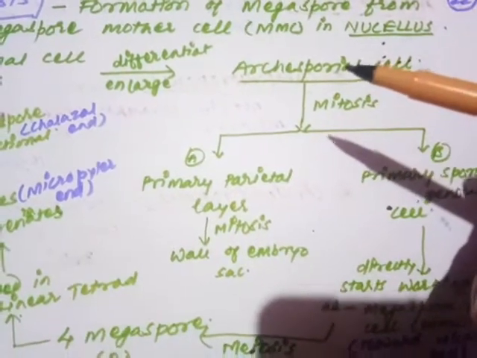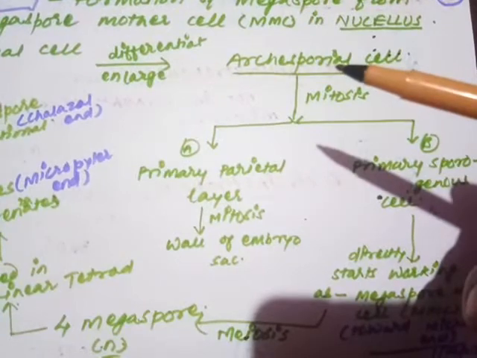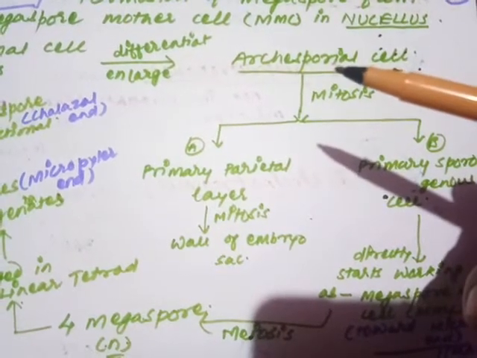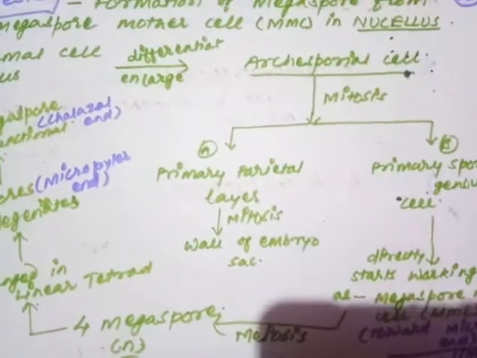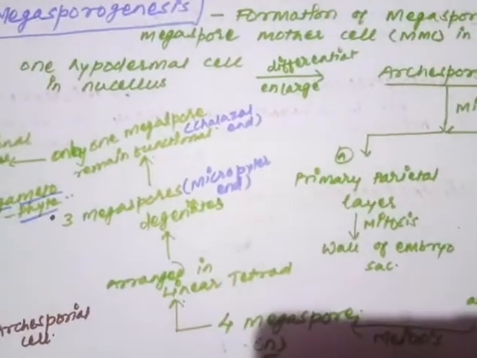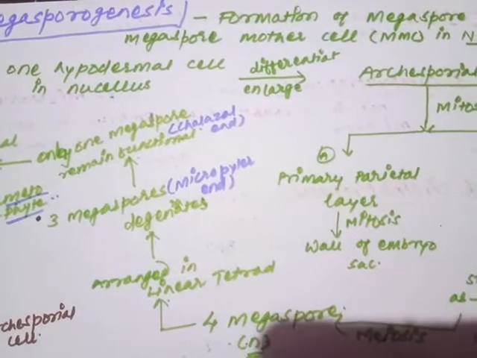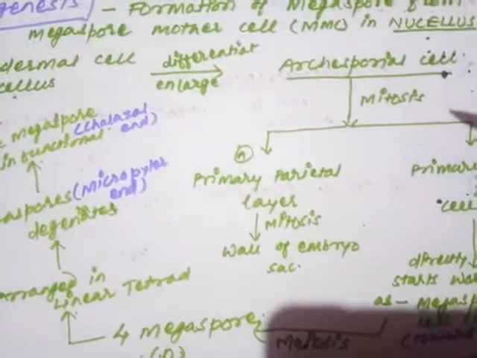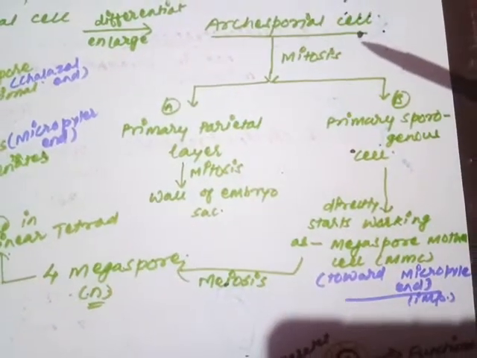If you remember, we have just gone through this, any cell lying in the hypodermal region is going to convert into the archesporial cell, and here also the archesporial cell is formed. So till now, any cell present in the hypodermal region of the nucellus differentiates, enlarges in size and will start working as the archesporial cell.